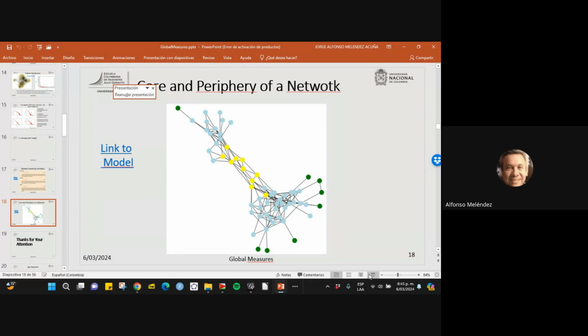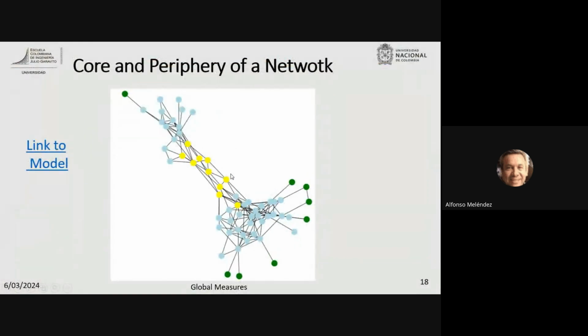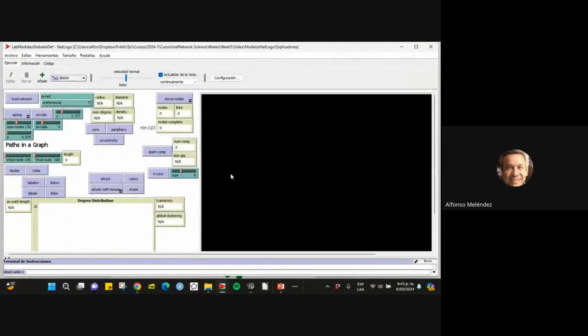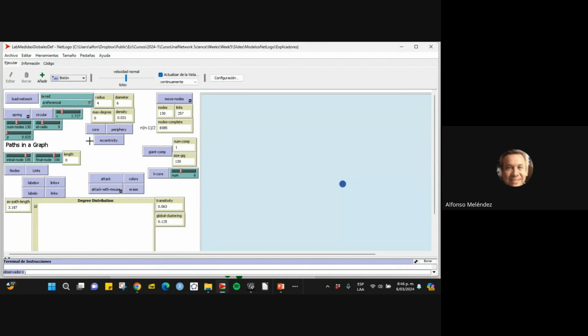Okay, let's see this model, and I'm going to show you other global measures. There are a lot of global measures. I'm going to show you some. Let's choose this network.